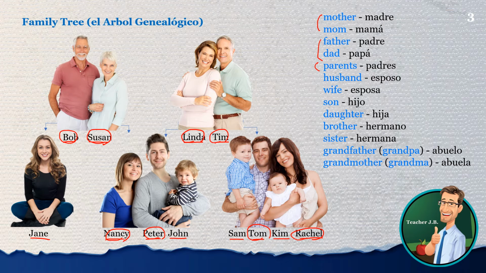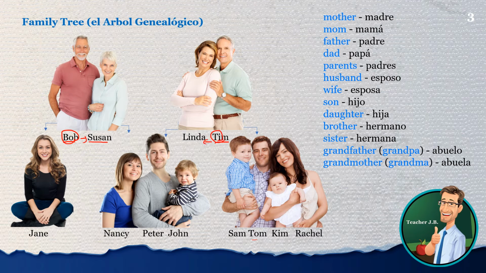Parent. Bob and Susan are parents, and Linda and Tim are parents. Nancy and Peter are parents. Tom and Rachel, they are parents. Okay, let's repeat. Mother, mom, father, dad, and parents. Next, husband. Bob is Susan's husband.